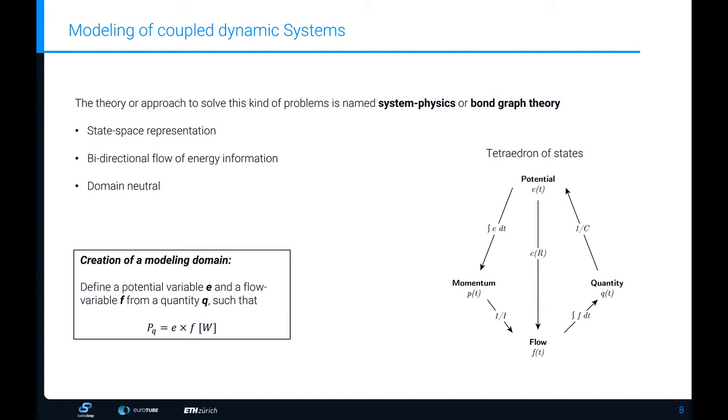There you don't have any room information, you don't have any flow quantities, it's just one component with no room dimension.